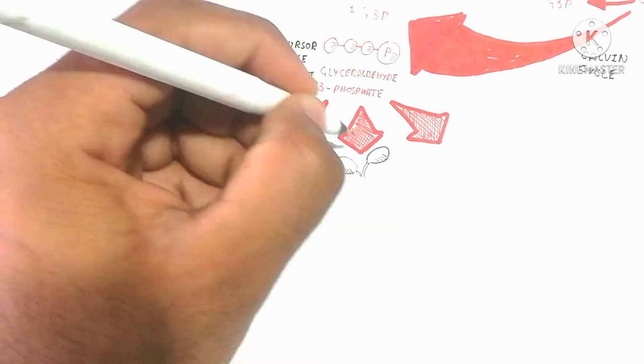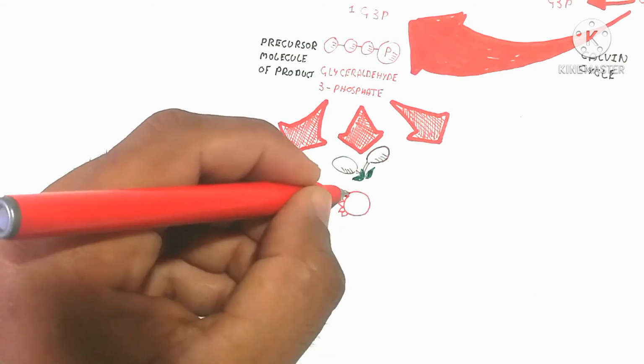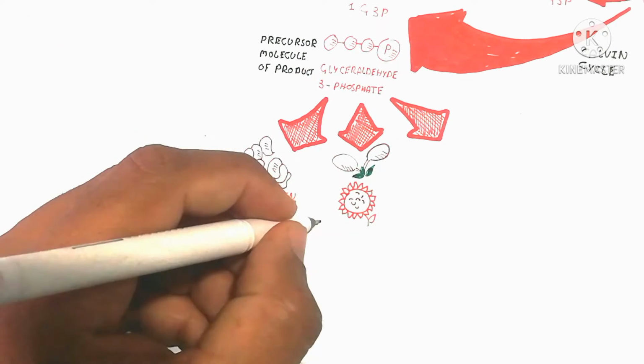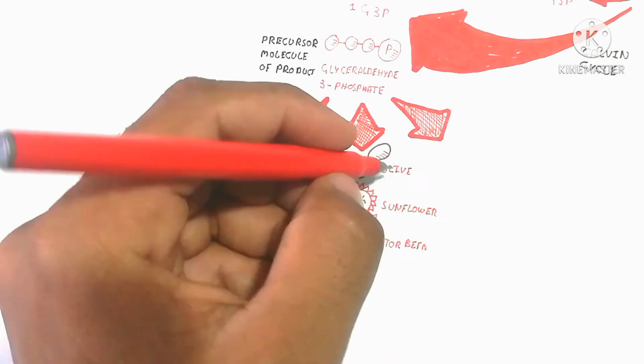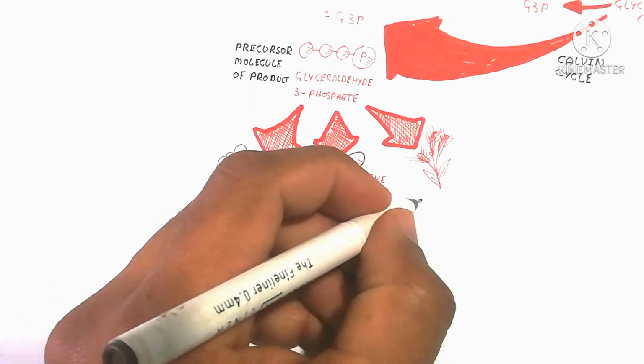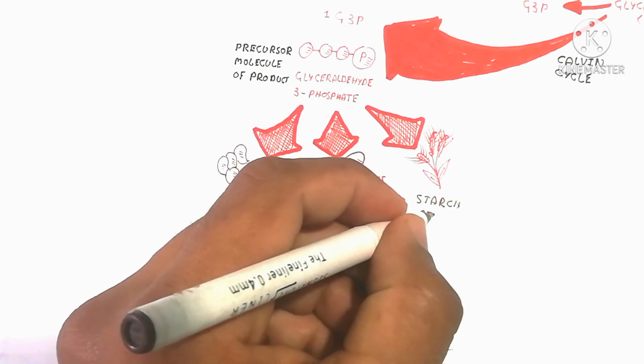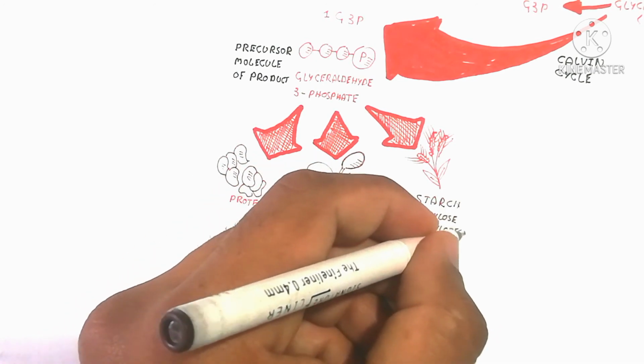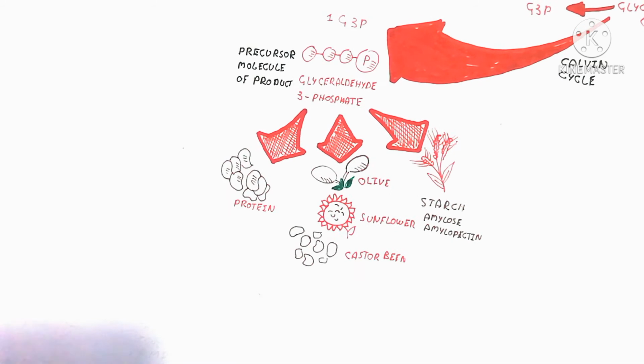Here is protein, which is present in beans in plants, produced by the proteoplast, and olive, sunflower and castor bean store fat in the lipoplast.